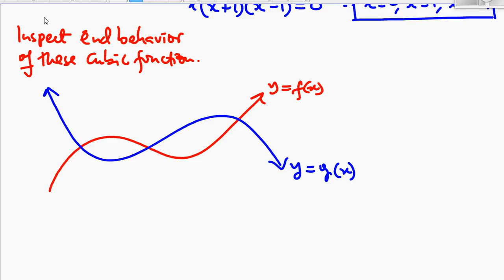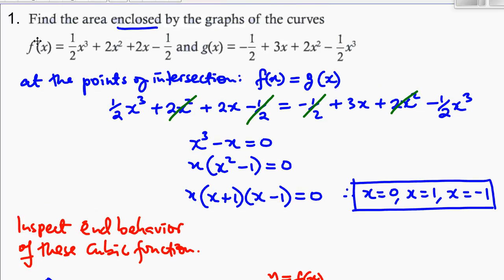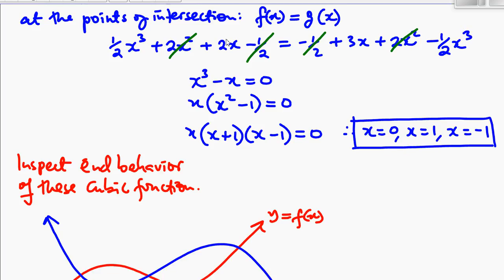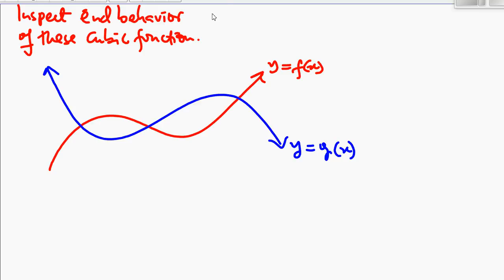Like I said, f of x has a positive leading coefficient. This is what we mean by the leading coefficient here. So positive means the shape looks like that, and the other one will look like that. Of course, you can remember this from your cubic functions when you learned functions.